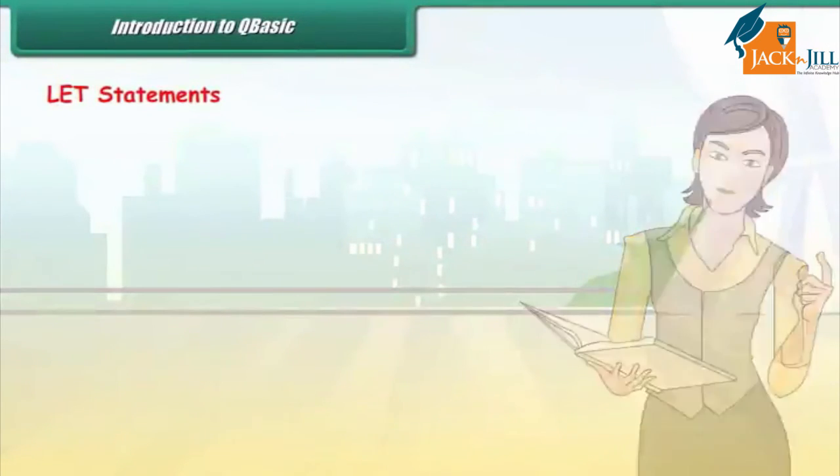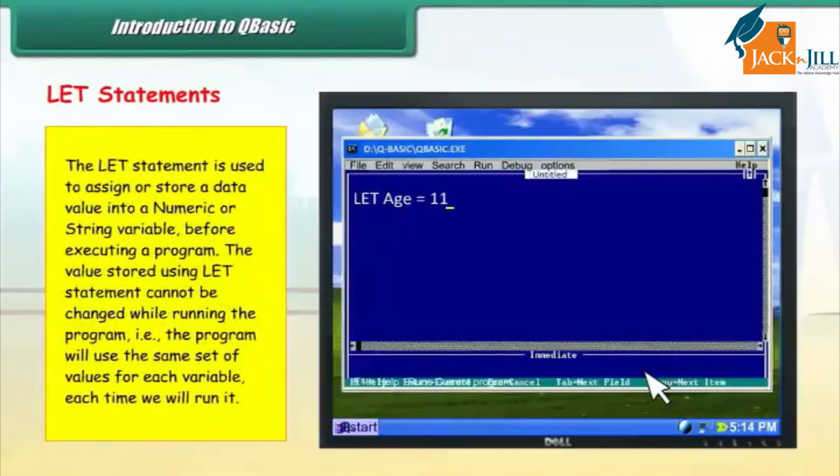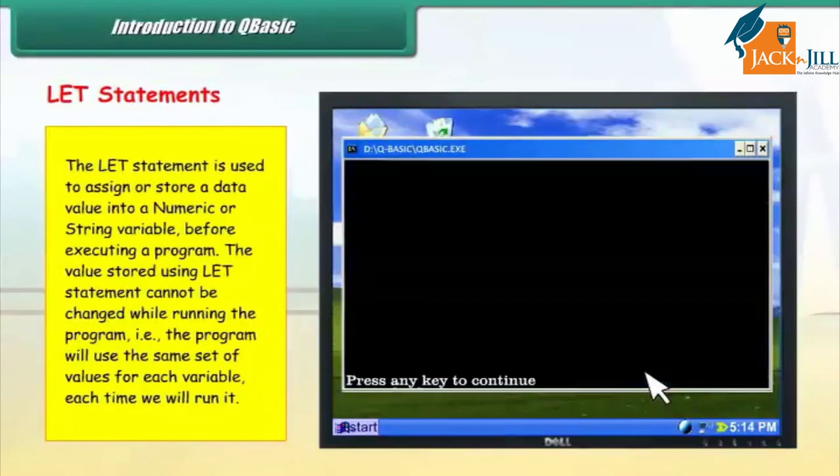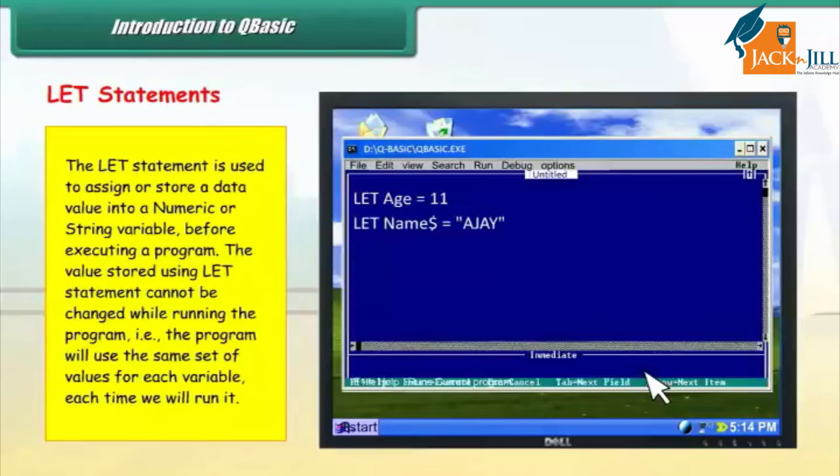LET statement. The LET statement is used to assign or store a data value into a numeric or string variable before executing a program. The value stored using the LET statement cannot be changed while running the program.